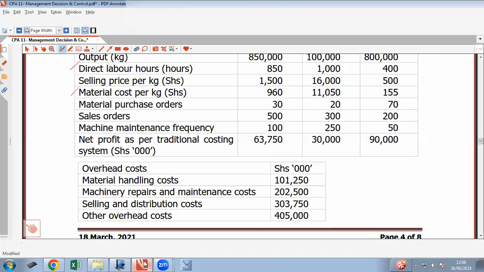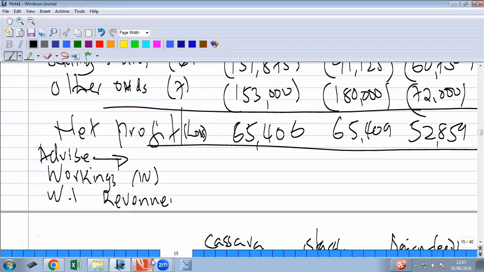The profit under traditional is 63,750, but under ABC it is 65, which is higher. Therefore, if it was only cassava, we tell them they should shift to ABC because it's going to give a higher profit.